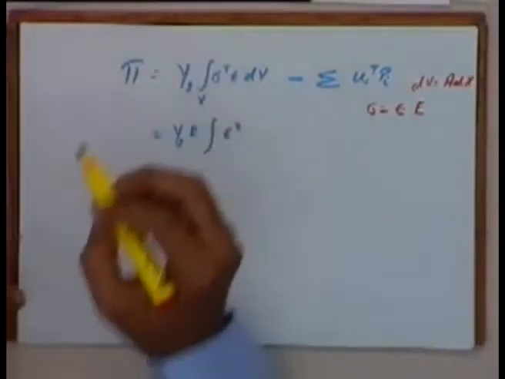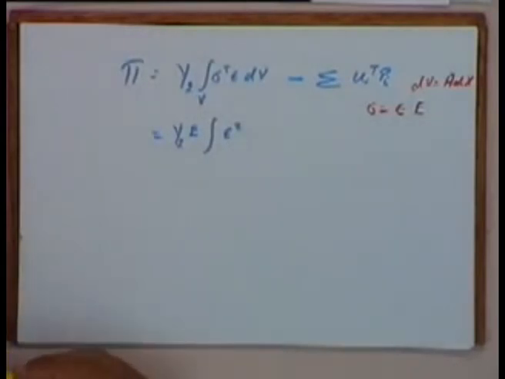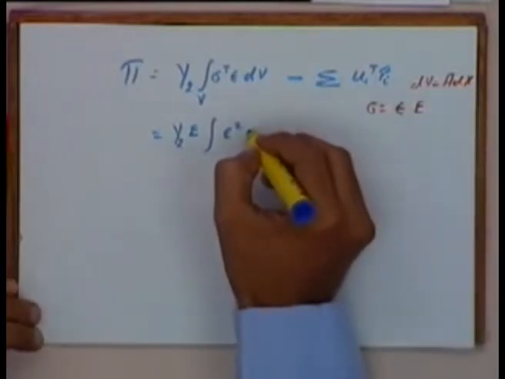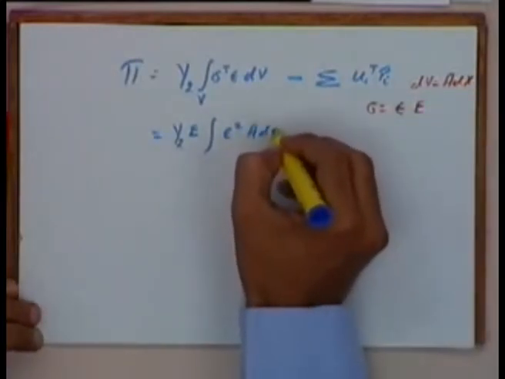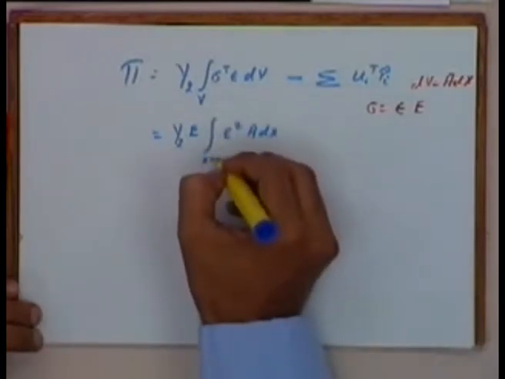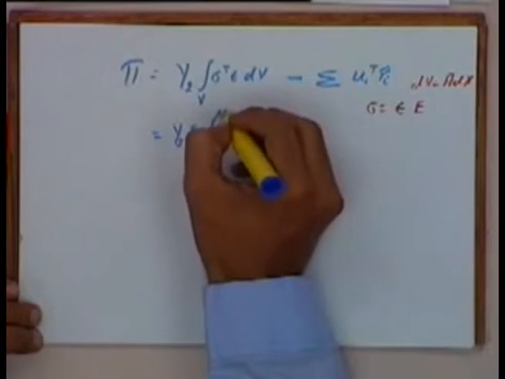We will assume this rod to be of uniform cross section. So it will become epsilon squared into A into dx, and it's a volume integral, so it will be the integral from x equal to 0 to x equal to 2L.